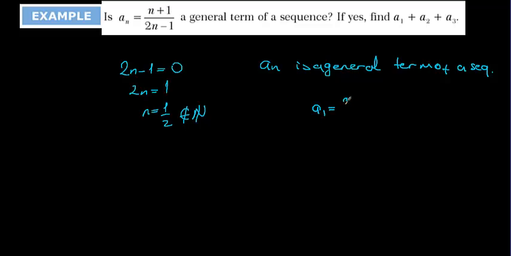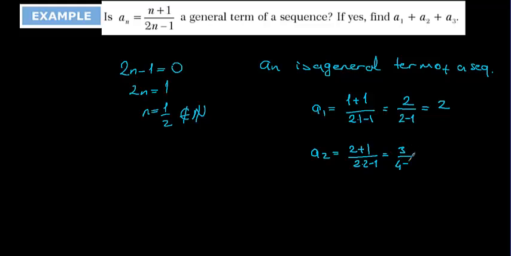a1 is equal to (1 plus 1) over (2 times 1 minus 1), which is equal to 2 over 2 minus 1, which is equal to 2. a2 is equal to (2 plus 1) over (2 times 2 minus 1), which is equal to 3 over 4 minus 1, that's equal to 3 over 3, and it's equal to 1.